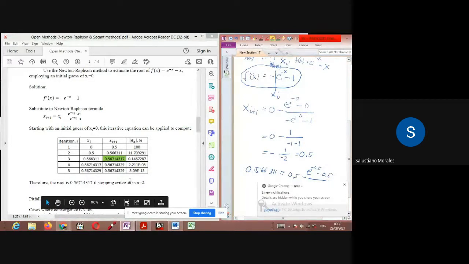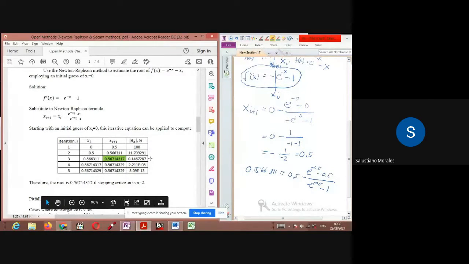Okay, so 0.000 up to 509%. So this is a very, very small value. So if we compare, in the Newton-Raphson method we have only 3 iterations, while in the bisection we have 7 iterations.